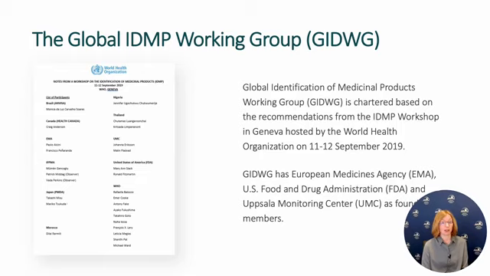The initial charter members include the EMA, US FDA, and UMC, and nowadays additional members have also joined, such as Swissmedic, Health Canada, Anvisa, the INN group within WHO, as well as IFPMA representing the industry.